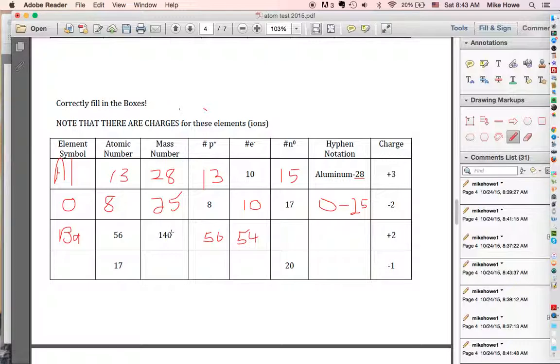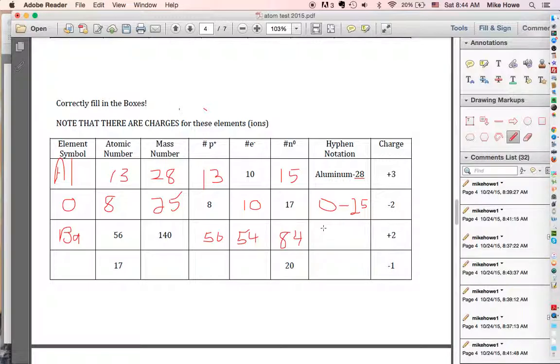Neutrons would be 140 minus 56. So if I do that in my head, 140 protons and neutrons. Of those, 56 are protons. So you have... I think 84 and 56 makes 140.